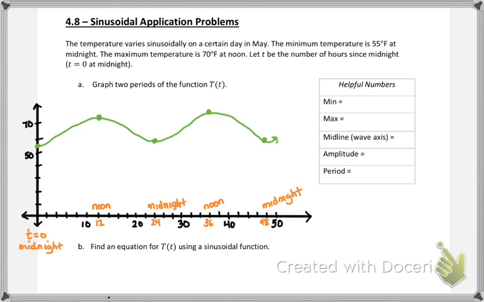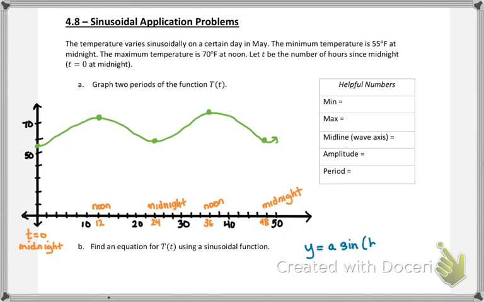Right, there it is. Okay, and so the next thing it's going to ask us to do is write an equation for this function using a sinusoidal function. When we write an equation, there are a couple of numbers that are going to help us, because remember, the equation is y equals, or in this case T of t equals my amplitude A, and then either sine or cosine, whichever.